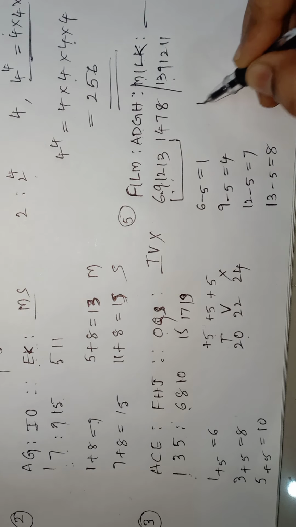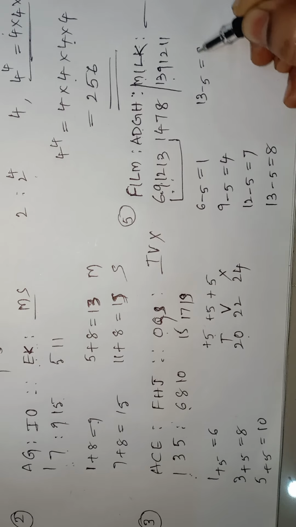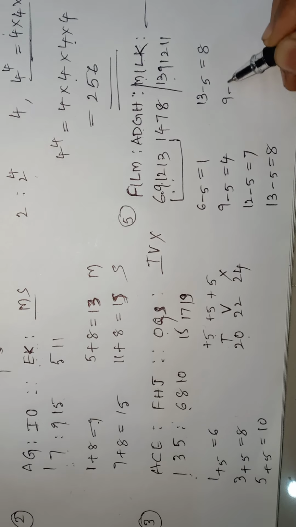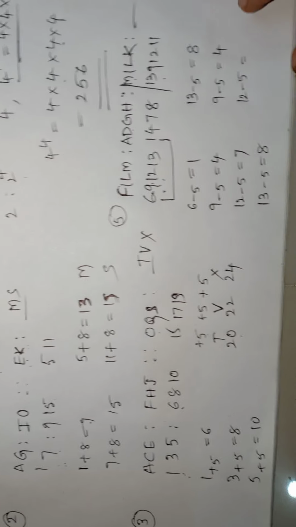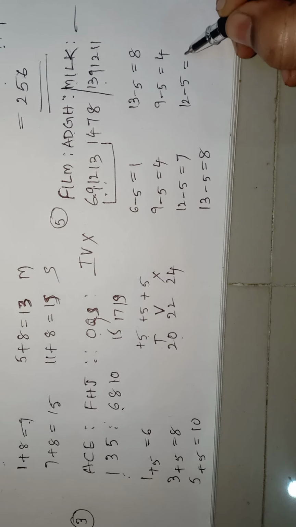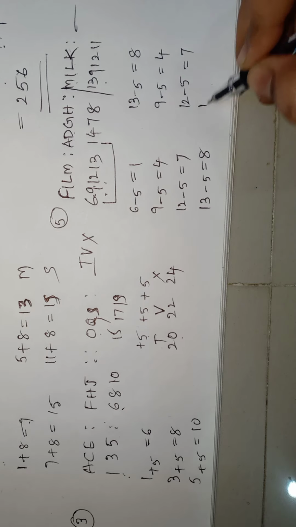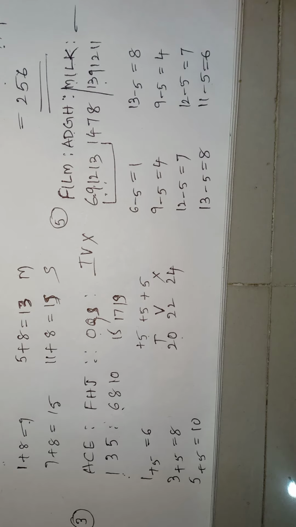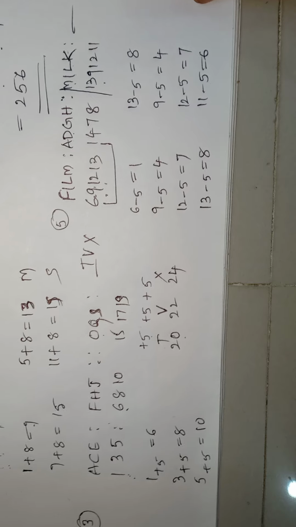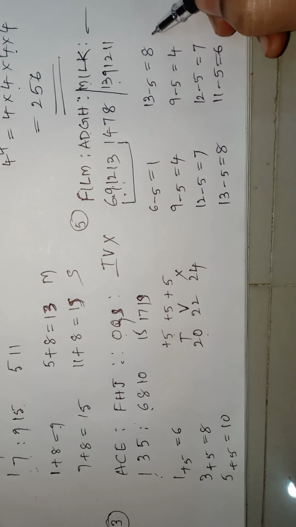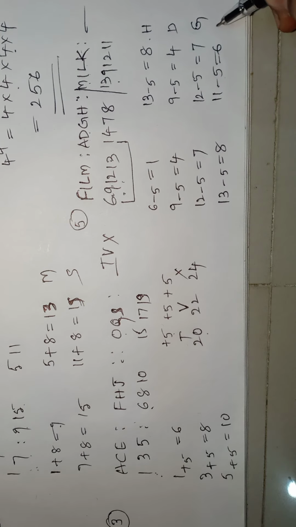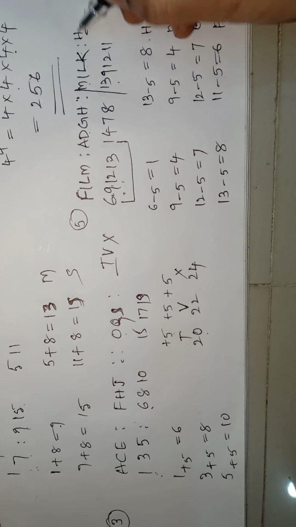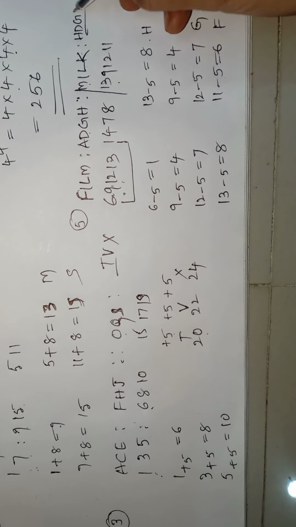So subtract: 13 minus 5 is 8, 9 minus 5 is 4, 12 minus 5 is 7, 11 minus 5 is 6. 8 is H, 4 is D, 7 is G, 6 is F. So the answer is HDGF.